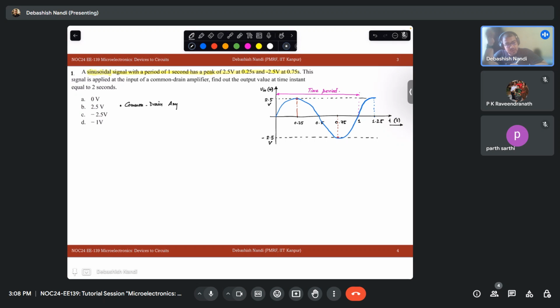Can any one of you tell me what is a common drain amplifier? Or for that matter, we can have common gate, common source, common drain, right? So how to distinguish them, and if you are asked that it is a common drain or common source, how do you know that?